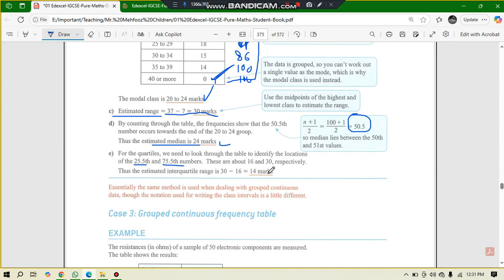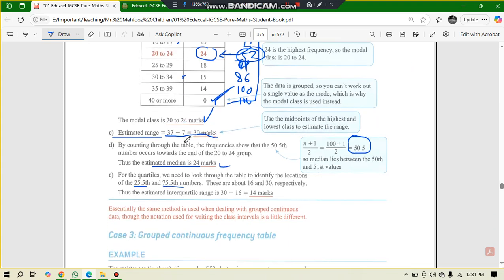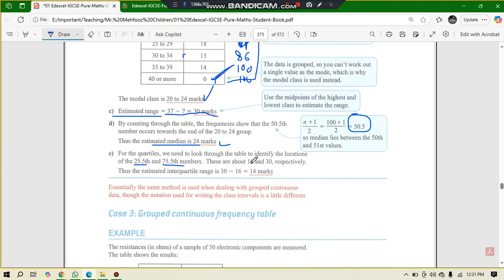These are about 16 and 30, because 16 is at the start of this class and 30 is at the start of that class, right? So 16 and 30 are respectively the lower and upper quartiles.